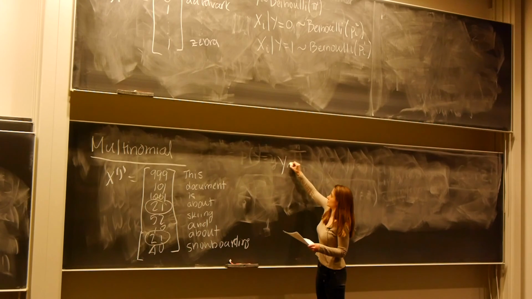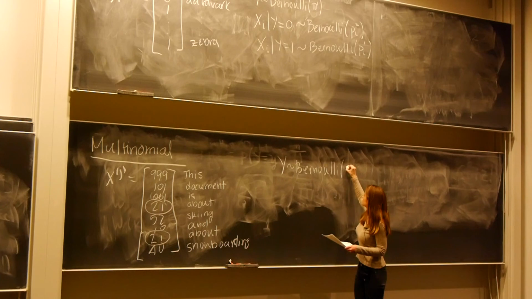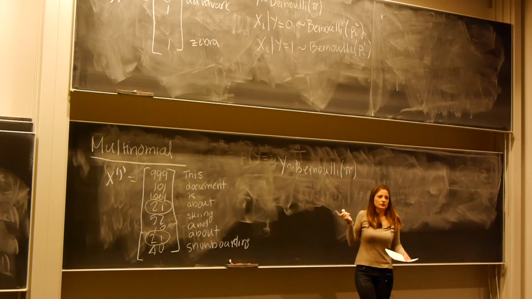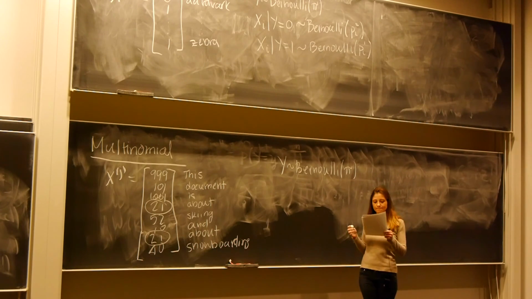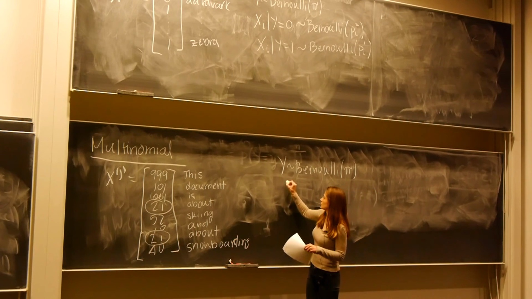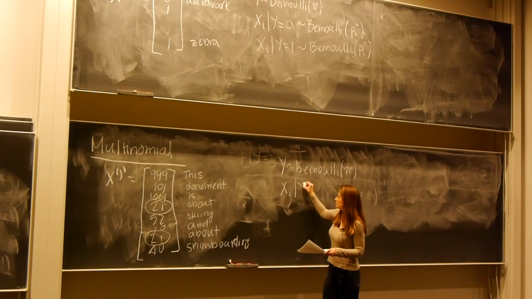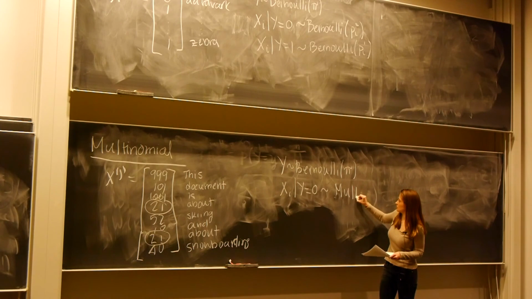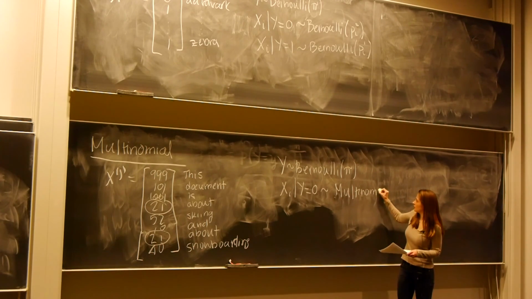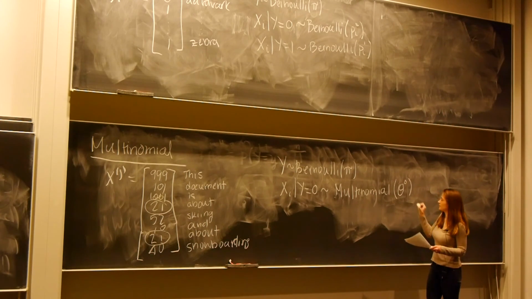So again, we have y as Bernoulli. The only time the distribution of y will change from Bernoulli is if you have multiple class labels, like if you're trying to predict multiple document topics. And then what we're going to have is xi given y equals 0 is distributed according to a multinomial distribution with parameter theta 0.